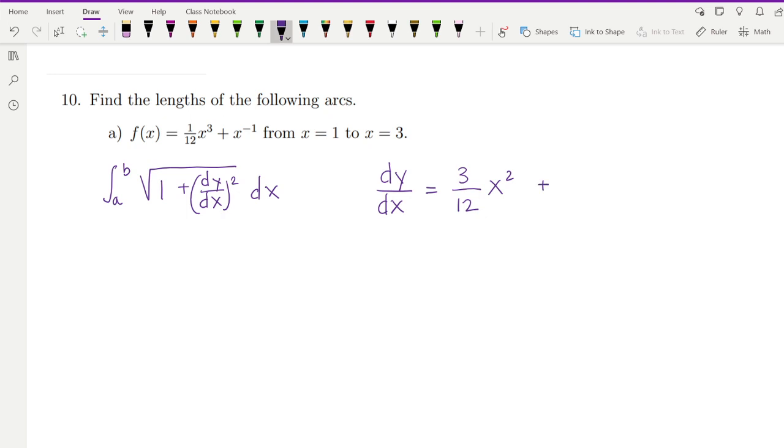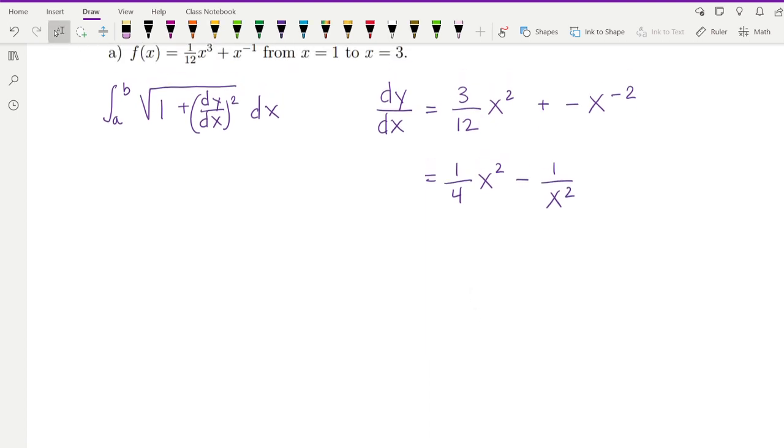And then the derivative of x to the negative 1 would be negative x to the negative 2. So 3 over 12 is 1/4, and then negative x to the negative 2 we could also write as minus 1 over x squared.